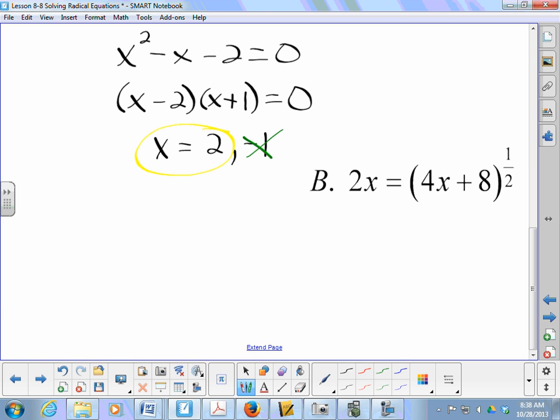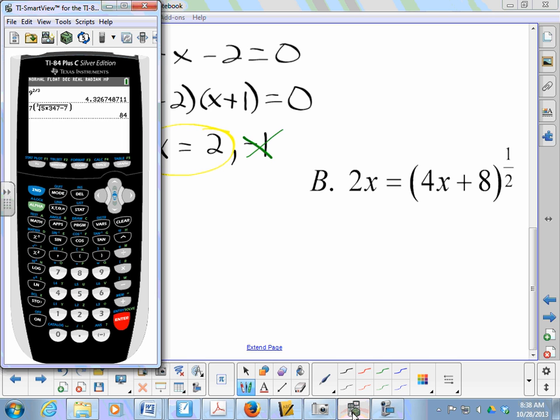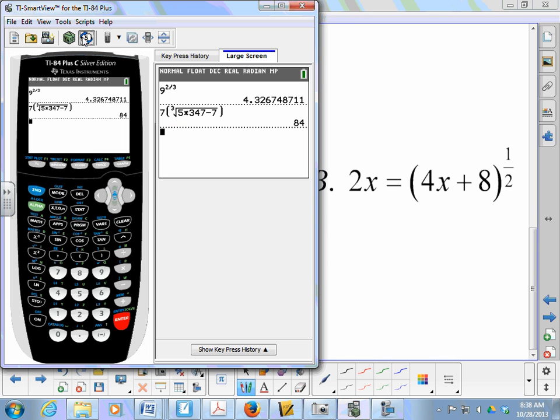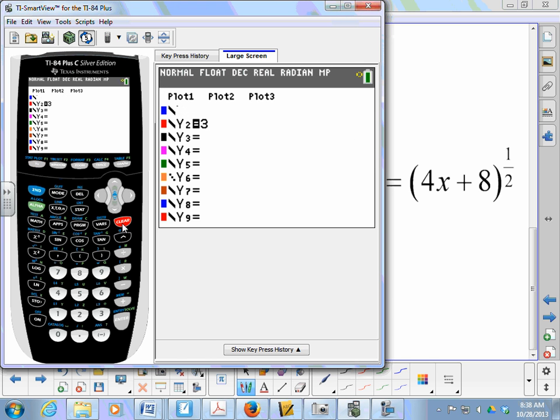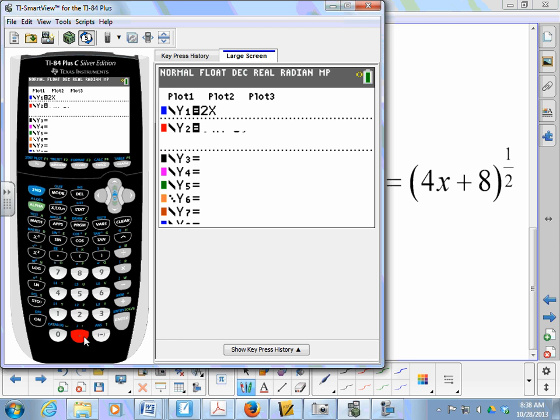Now, I want to make sure that's true. Spencer, what can I do? I could plug it in, or I have this handy dandy thing called a calculator. And I could actually go to my y equals, put 2x on the left side, and parentheses, 4x plus 8 on the right, raise it to the power of 1/2 or 0.5.